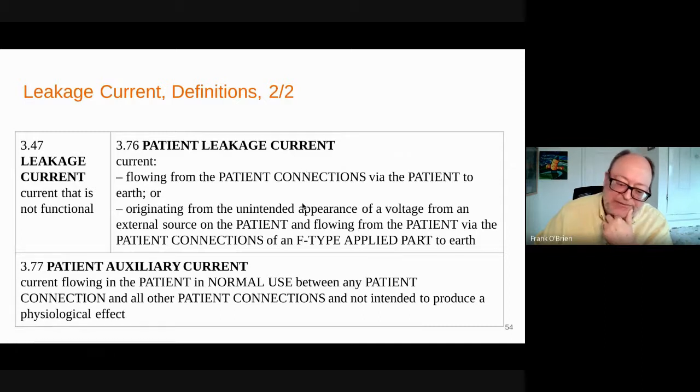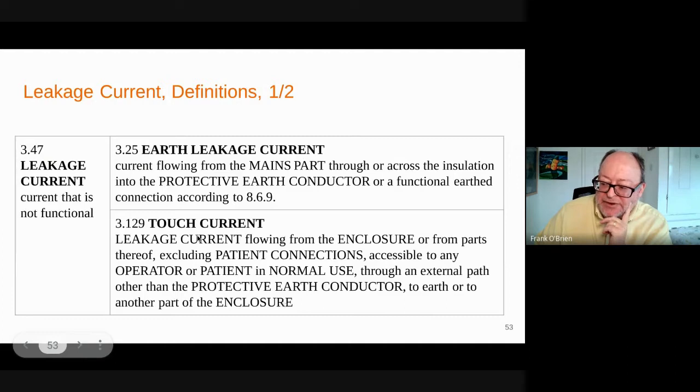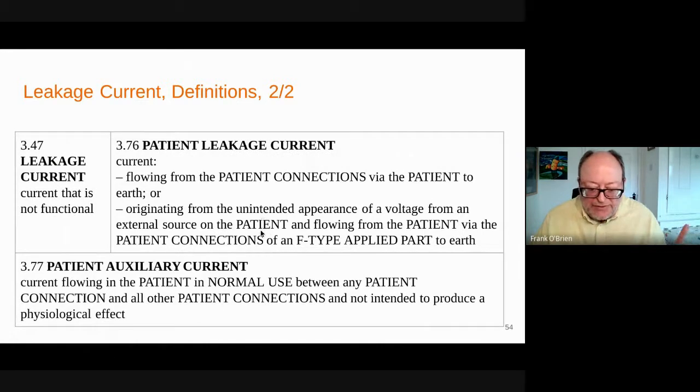Patient leakage is from the applied part, so various points would be patient connections of the applied part. That's always a patient connection to earth. And patient aux is point to point, whereas touch included both of those ideas, point to earth and point to point, but on accessible parts.